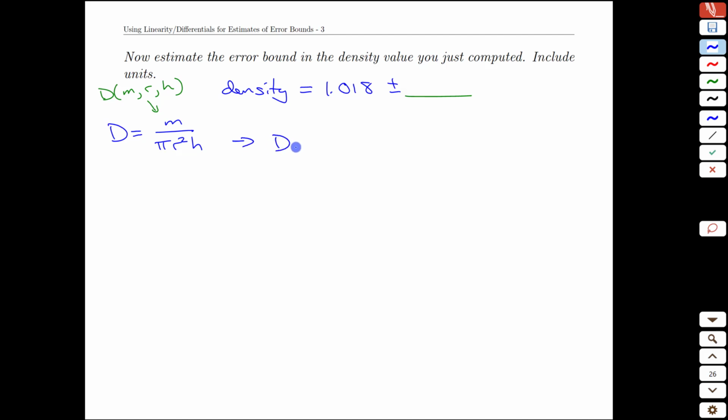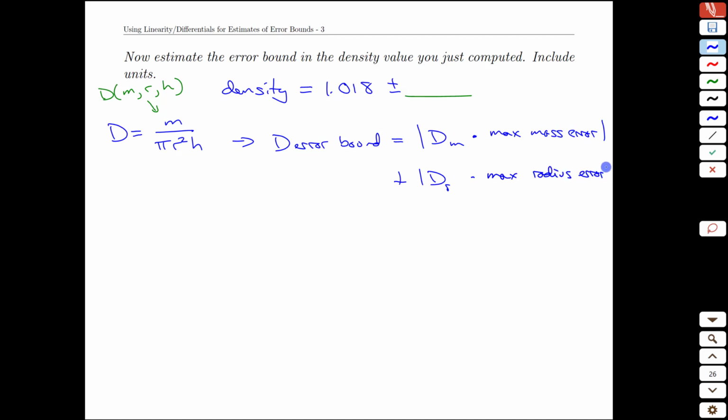Well, that means our density error, the bound on that error, is going to be equal to the derivative of the density with respect to mass times the max mass error, plus the derivative of density with respect to, let's do radius next, times the maximum radius error.